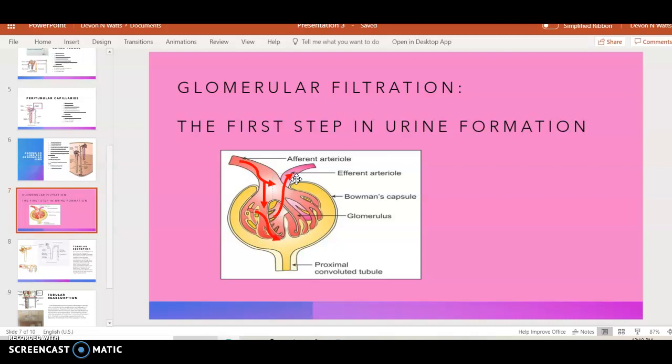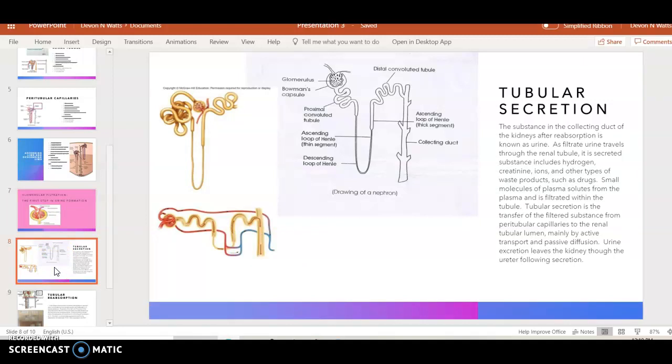And so during the process of filtration, a lot of small molecules are still in the filtrate. And so during the secretion, substances are getting collected of the kidneys after the reabsorption.